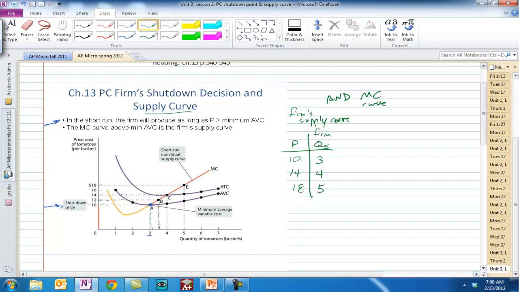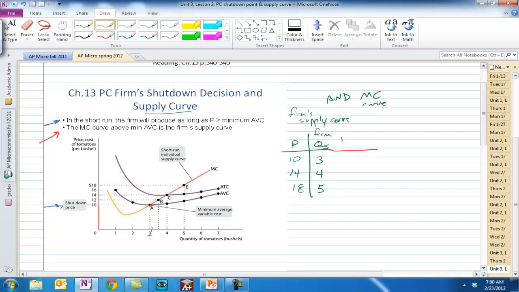Because essentially what we're doing is taking, for each of these prices, there's a marginal revenue curve, and where the marginal cost and marginal revenue intersect, that's the profit maximizing output at 10, at 14, at 18. So the marginal cost curve is the firm's supply curve. It's the same as the firm's supply curve, and that's what the second bullet points out here. The marginal cost curve above the shutdown point, the minimum average variable cost, is the firm's supply curve.